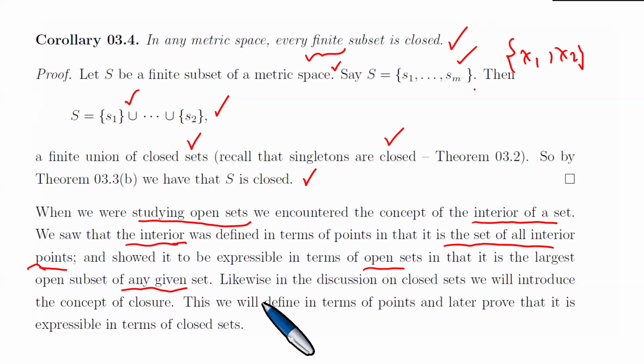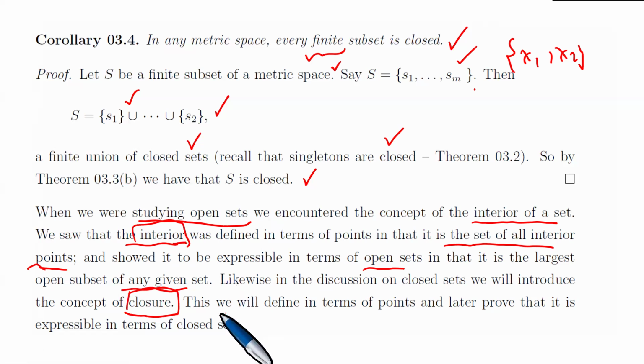Likewise, in the discussion on closed sets, we will introduce the concept of closure, in the same way that we did with the concept of the interior. Here, for closed sets, an equivalent property is the closure of a set, not the interior.